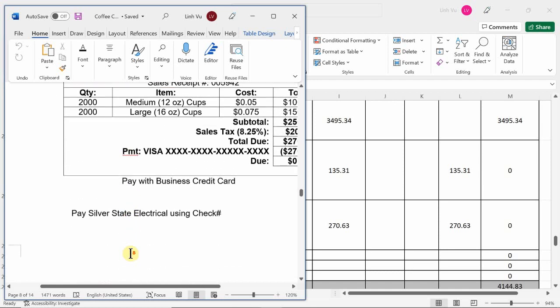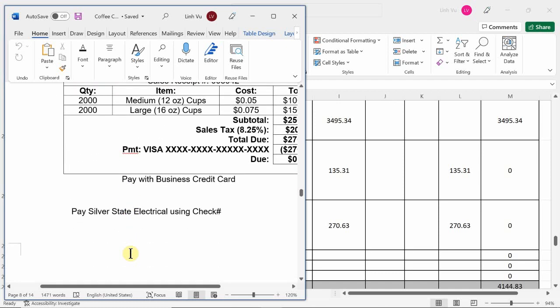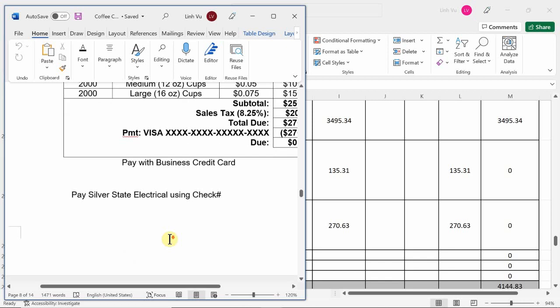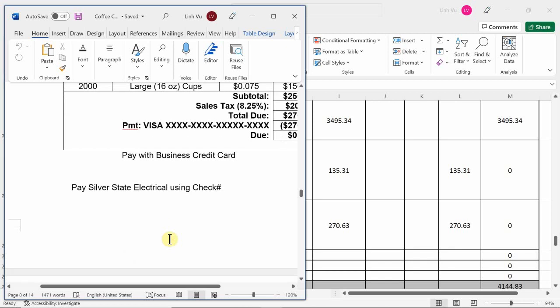So how do I pay Silver State Electrical using a check number?